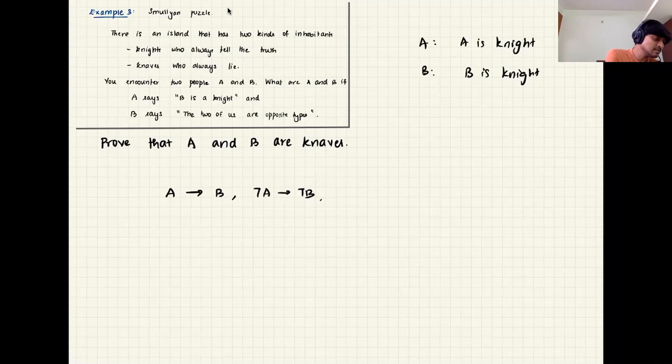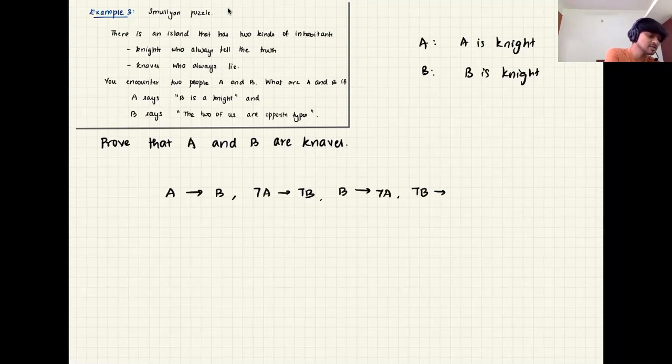Okay. Now from the statement that B says, what can we infer? If B is a knight, then the two of us are of opposite types. That means not A. Okay. And if B is a knave, this implies what? Both of them have to be of the same type, because B is telling a lie.